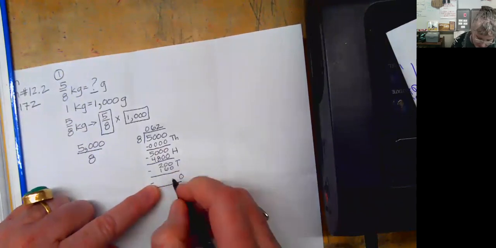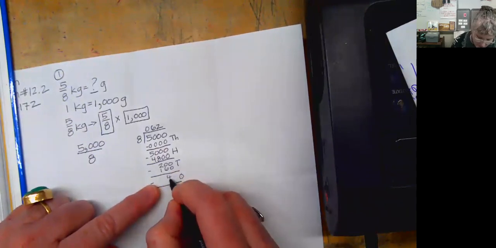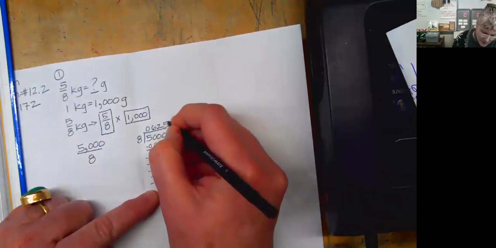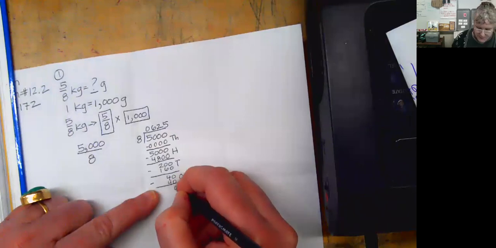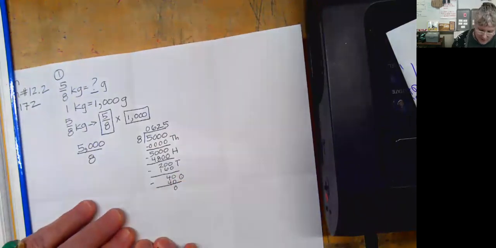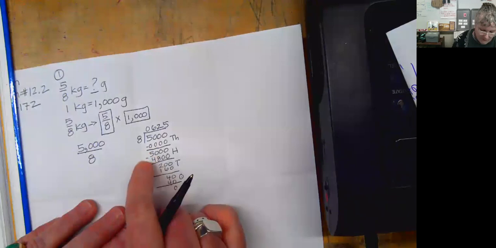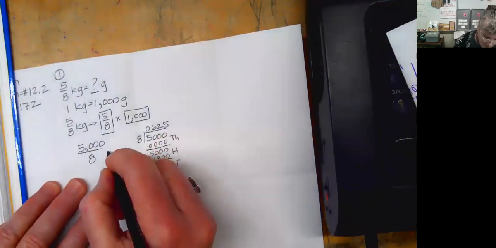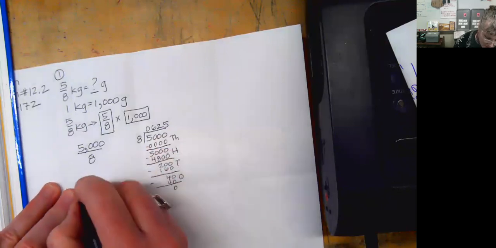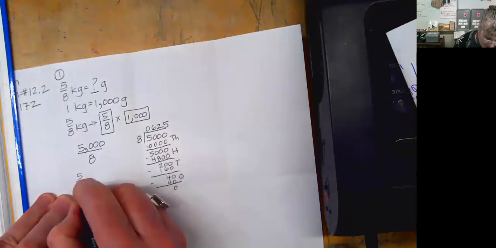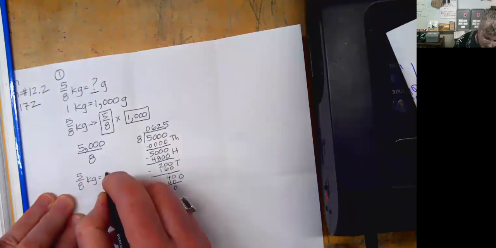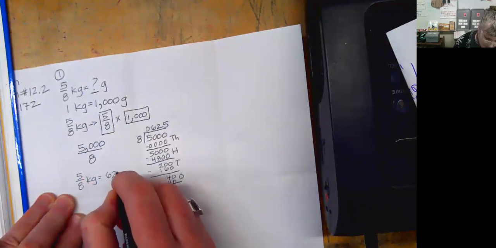When we subtract, we get 40. 8 will go into 40 5 times, right? All right. So we end up with 625 grams as our answer. So 5/8 of a kilogram equals 625 grams.